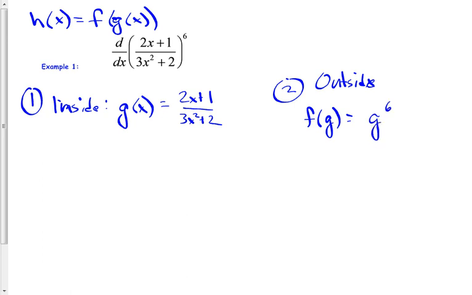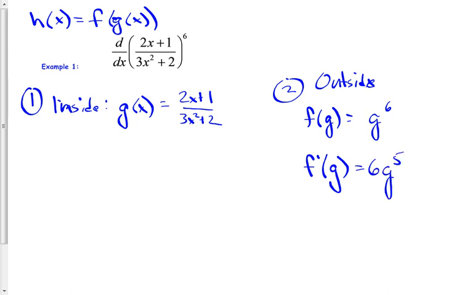Keeping in mind that g is a function, right? G is kind of a nasty function. Okay. Now we need both those derivatives. Which one's easier? Derivative of the outside or the derivative of the inside? Let's do the easy one first. The outside's easier. What is the derivative of the outside? What is f prime of g? 6g to the 5th. Great.